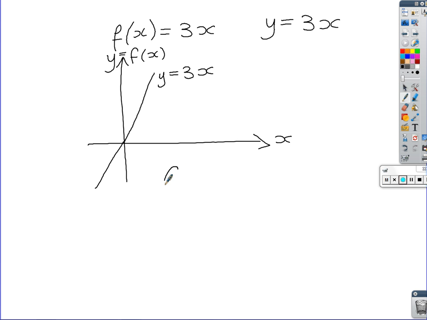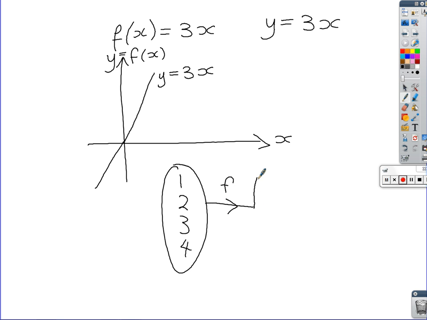For example, if we put in natural numbers 1, 2, 3, 4, operate the function f, we get 3 times these numbers out.